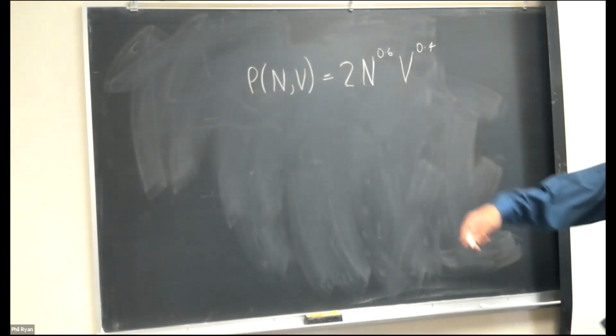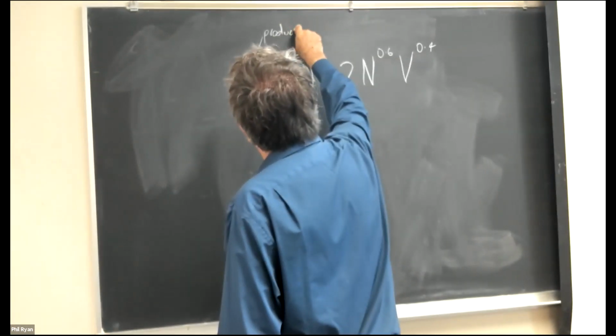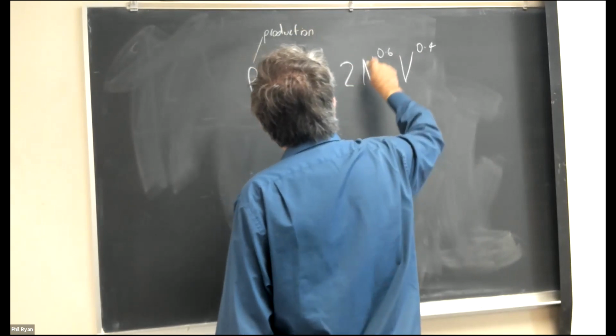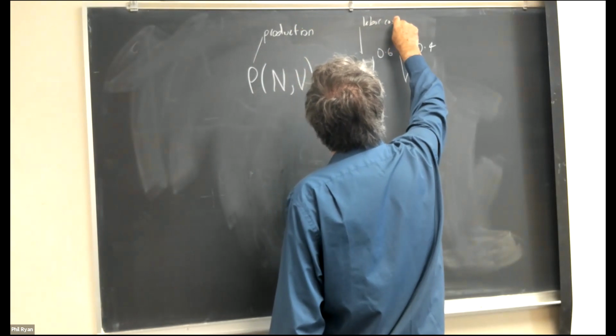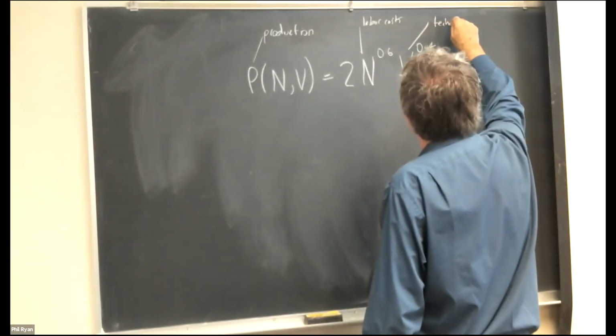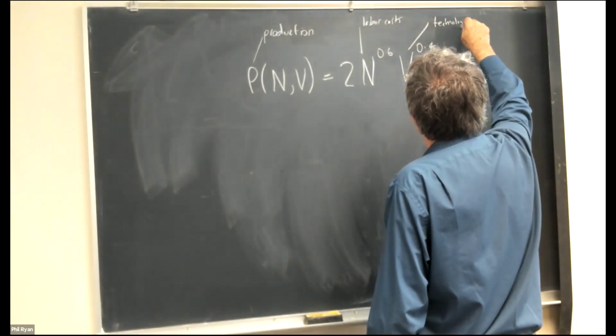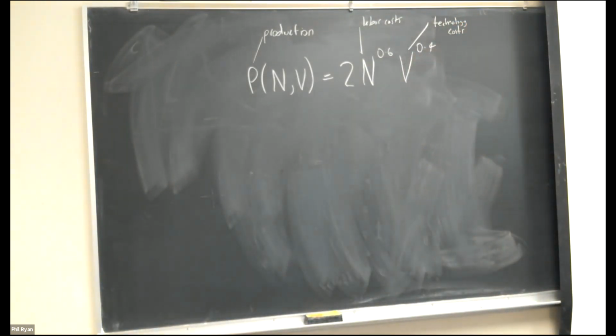P is the production, N is your labor costs, and V is your technology costs, and how much you invest in equipment and so forth. Okay, so it's just a function, right?